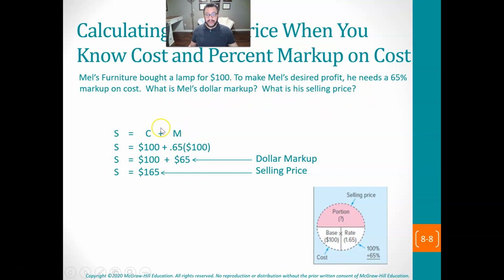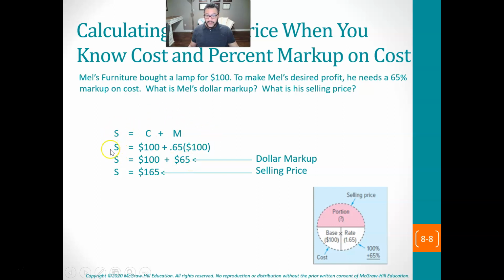Okay, so let's figure this out. Dollar markup is the same as markup, and this is on cost. So what do we multiply this rate? It's 65% on cost. So 65% of cost, right? So what is 65 times cost? Do we know what cost is? Yeah, it's $100. So 65% of $100 is 65, right?